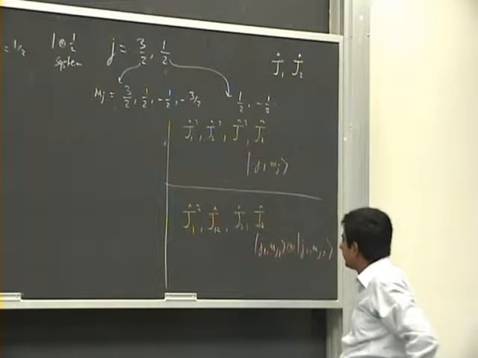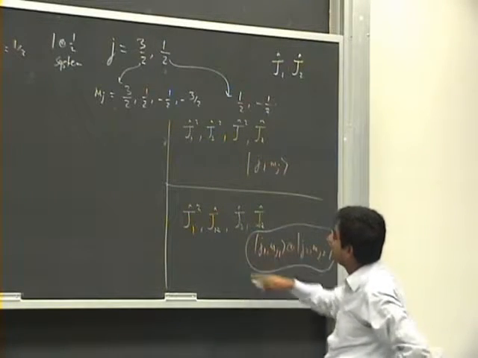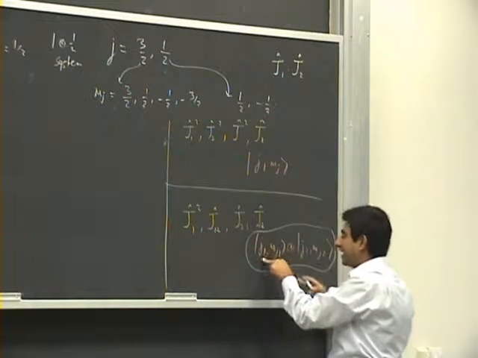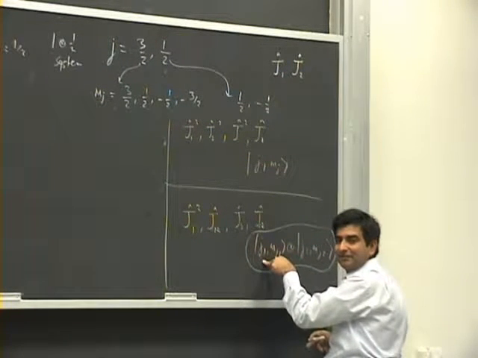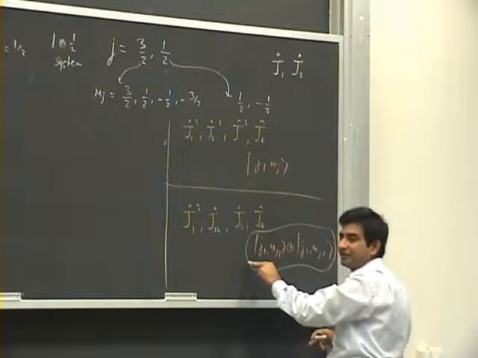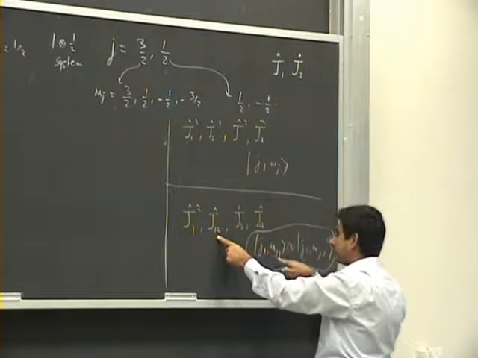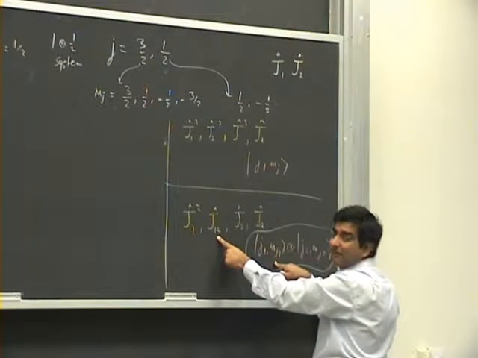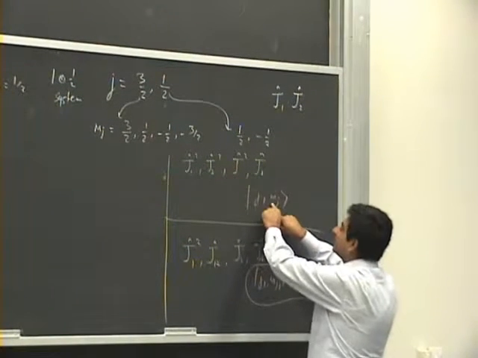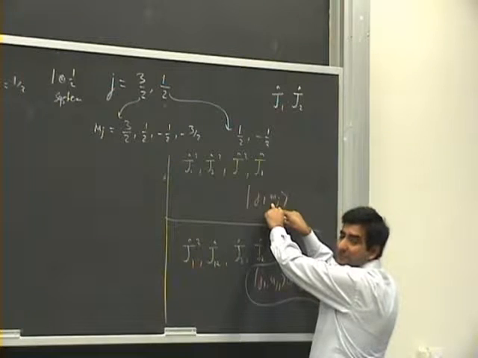Look, these states, the direct product states, these are eigenstates of J1 squared, right? Because when this operator acts on this state, I have specified the value of J1. It's just going to be h bar squared J1 into J1 plus 1. These are also eigenstates of J1z because I specified the value of Mj1. These states are not eigenstates of Jz because we don't know the value of Mj1 and Mj2.